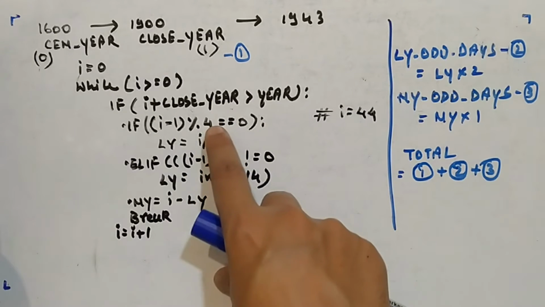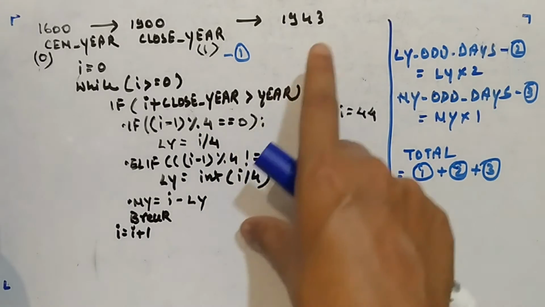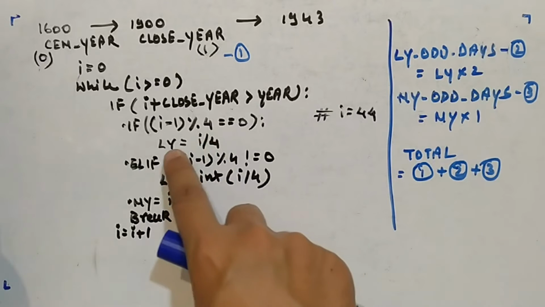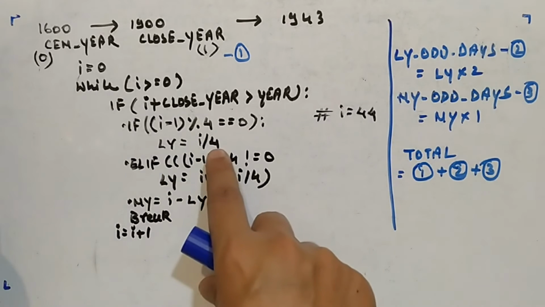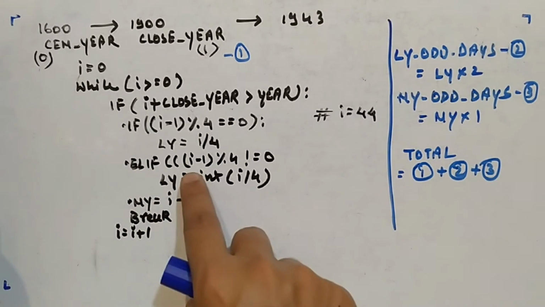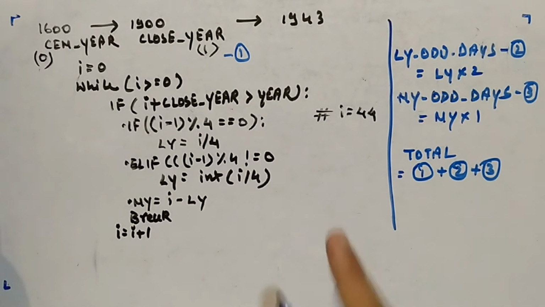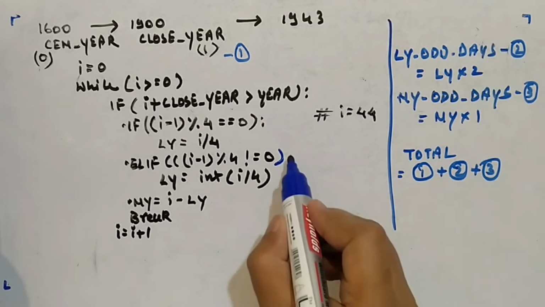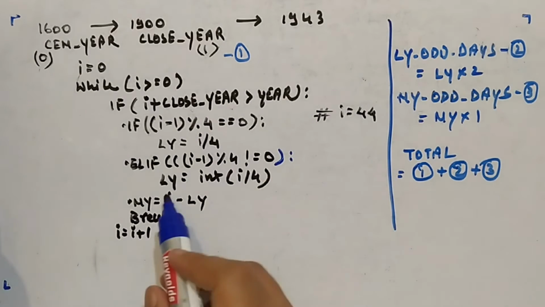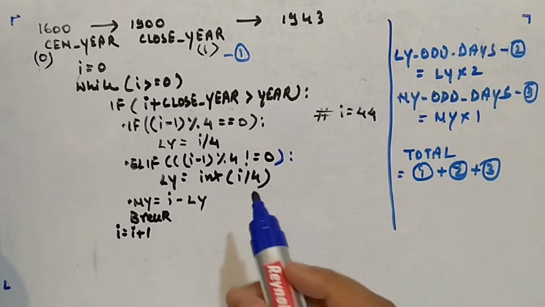So if 43 is divisible by 4, which it is not here, it would have stored I divided by 4 in leap year. But it is not. So else, it will check: if it is not divisible by 4, meaning the remainder is not 0, then leap year will be the integer value of I divided by 4.